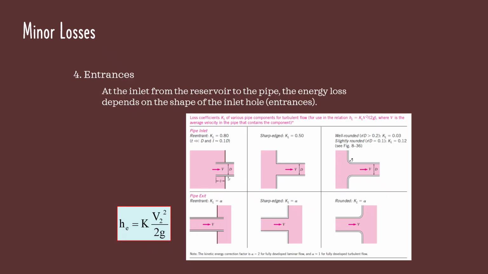The next cause is the entrance. If the water flows through the pipe and has an entrance, the shape or type of inlet from the reservoir to the pipe, energy loss will happen, and it depends on the shape of the inlet hole.